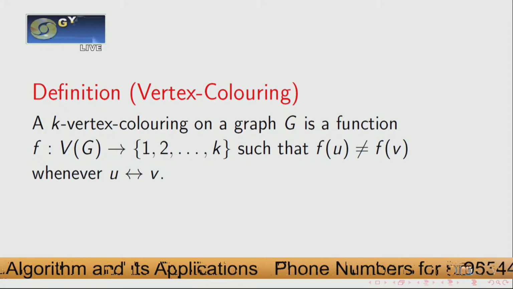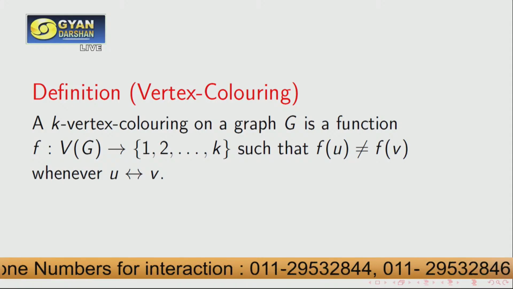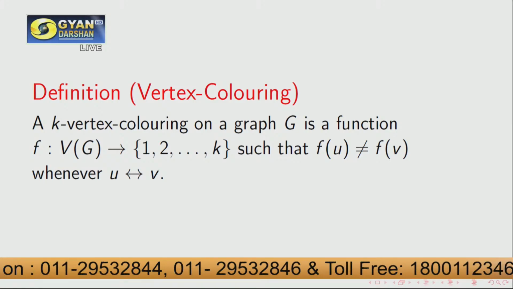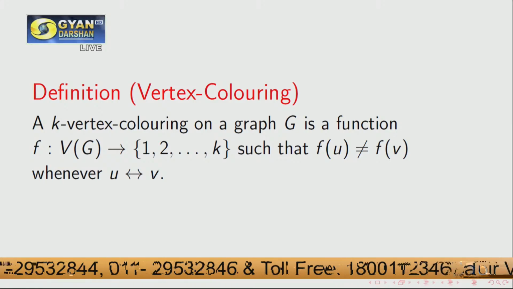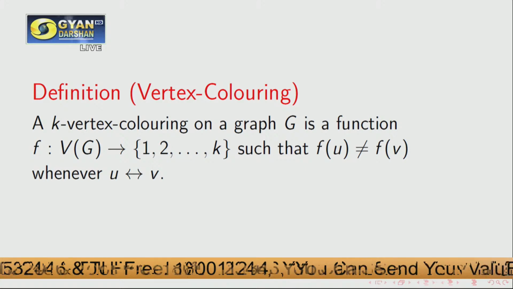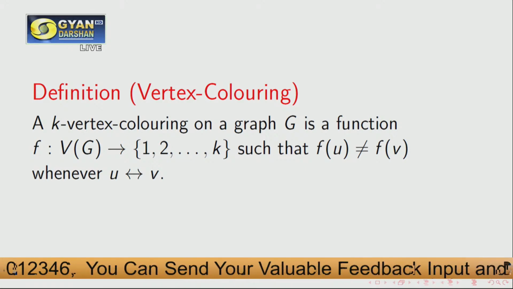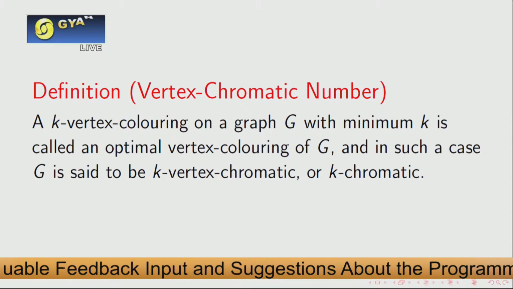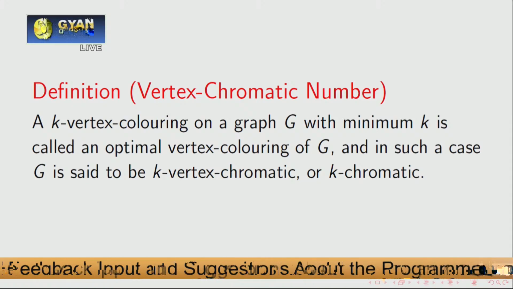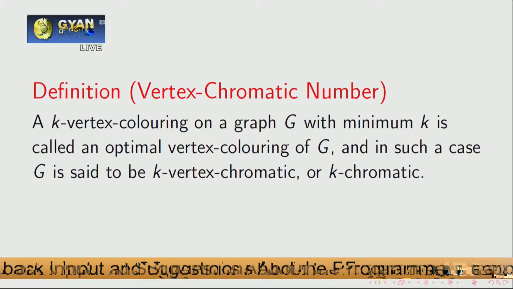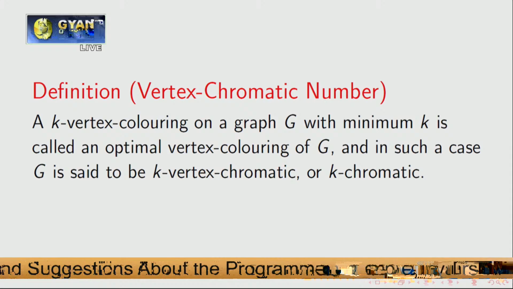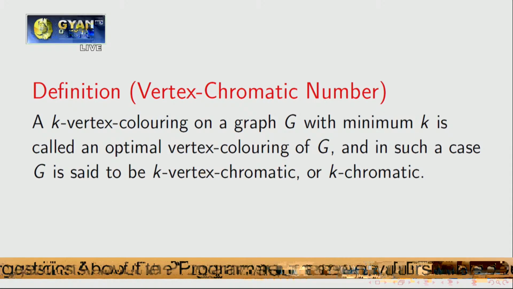Okay, so when vertex coloring is given, our emphasis is on finding the k vertex coloring where k is as small as possible. Next comes the definition of chromatic number, or vertex chromatic number. A k vertex coloring on a graph G with minimum k is called an optimal vertex coloring of G, and in such a case G is said to be k vertex chromatic, or just k chromatic.